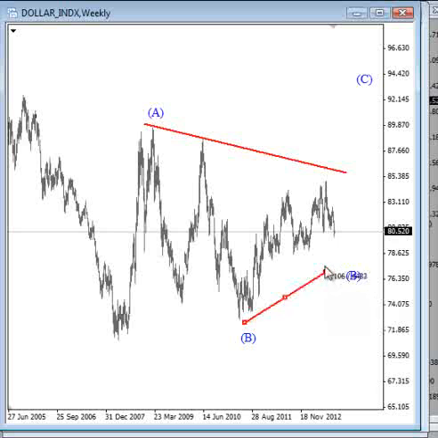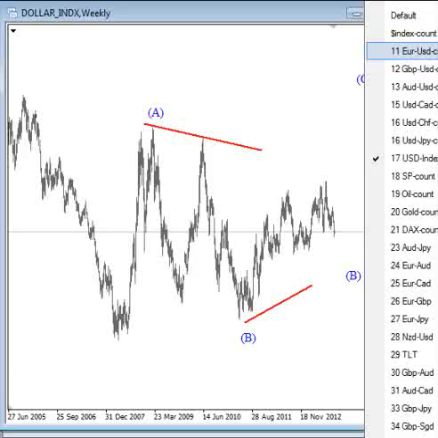But generally speaking, I think that this is still only a wave B correction, and that we will see a push higher in wave C, just a matter of time. The reason I think that is also because of the euro dollar and the dollar Swiss wave structures.